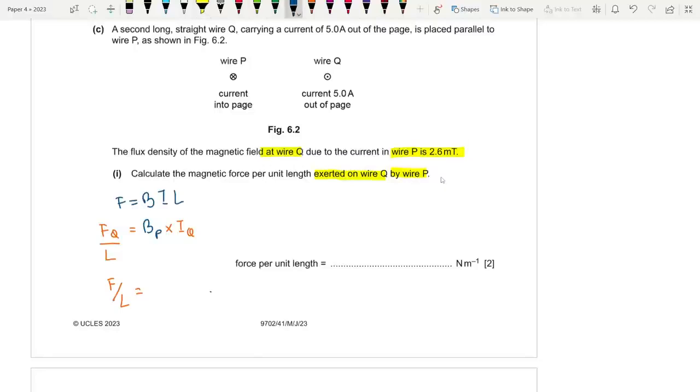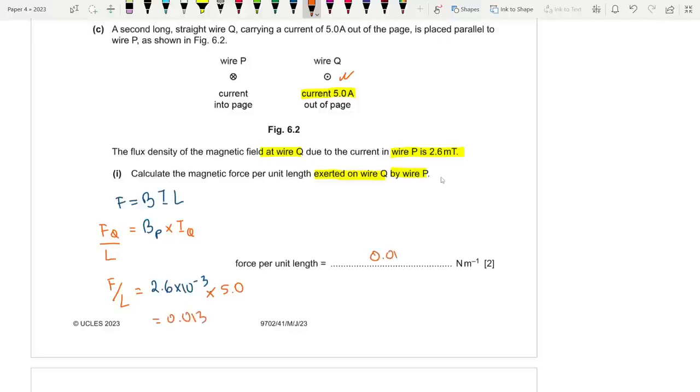So let's do that. That is 2.6 millitesla, 2.6 times 10 to the power minus 3, times the current in wire Q itself, which is 5 amperes. So what do we get? 2.6 times 10 to the power minus 3 times 5, which is 0.013.